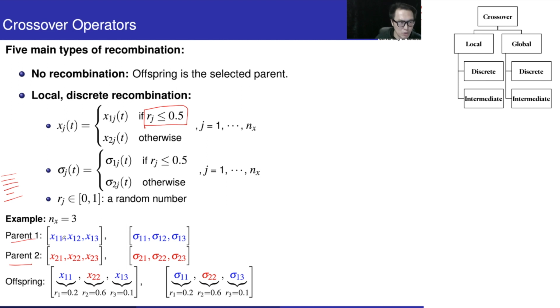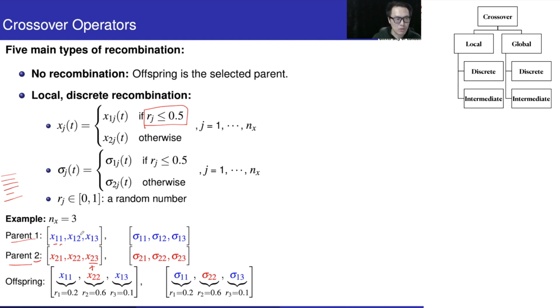To remind the notation, in X11, the first 1 means that it is from parent 1, and the second 1 means that it is the first position of this vector. When we talk about X23, 2 means that it is from parent 2, and 3 means that this element is at the 3rd position.